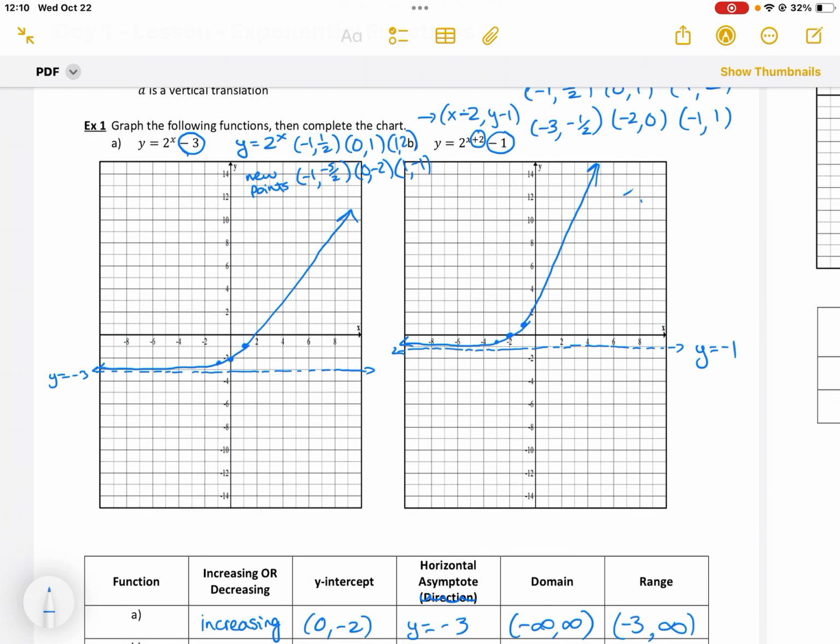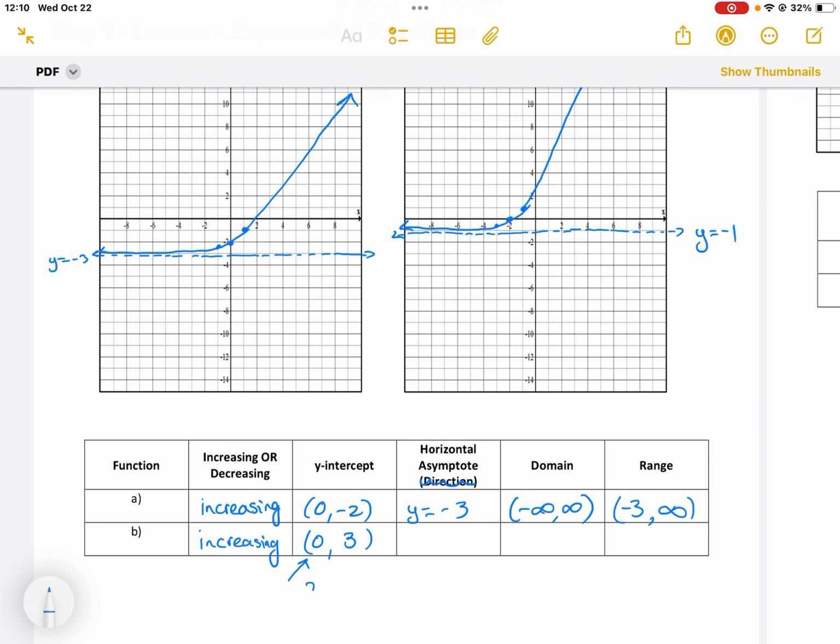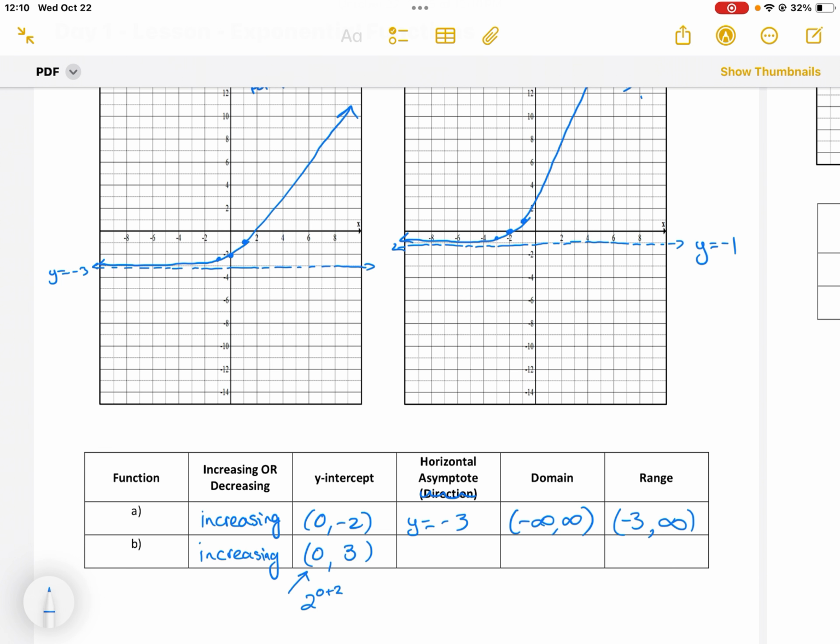You can figure this out by substituting in 0 for x and solving for y. My horizontal asymptote matches the vertical shift. My domain is the same as the first, minus infinity to positive infinity, and then I go from -1 up to positive infinity for the range.